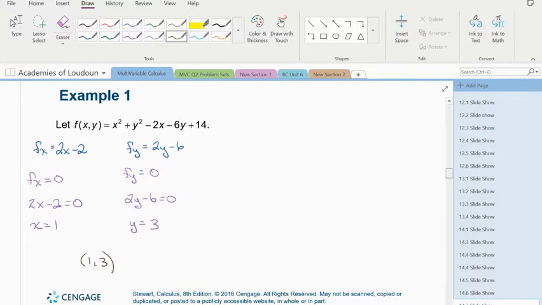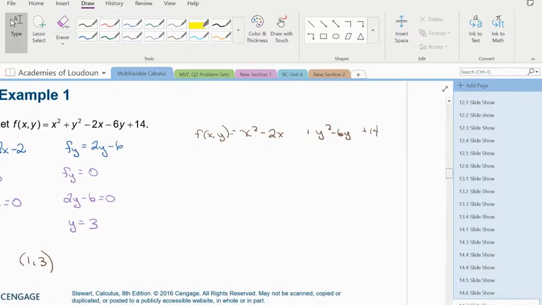To find that point, let's go ahead and solve f(x, y). We have x squared, and I'm going to rearrange this, minus 2x plus y squared minus 6y plus 14, and we're going to complete the square.